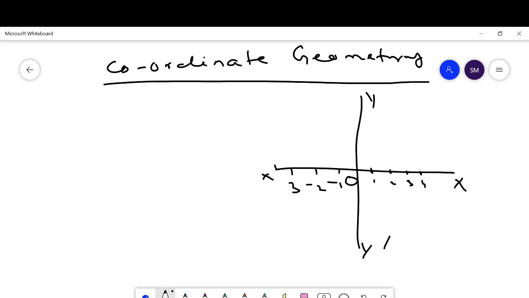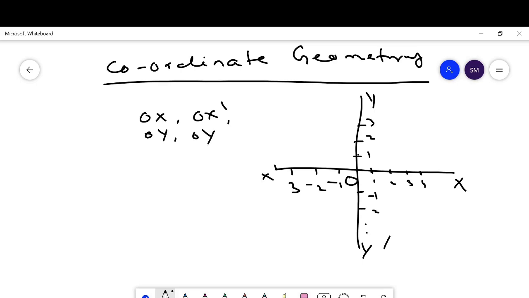In the same way, above this is 1, 2, 3 on the y axis, and below is -1, -2, in this way. Then here O is the origin, with x axis, x dash, y, y dash.